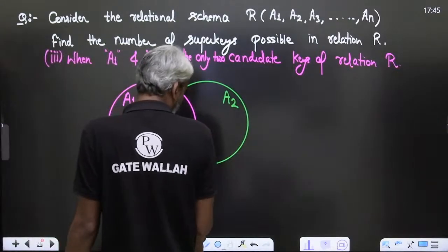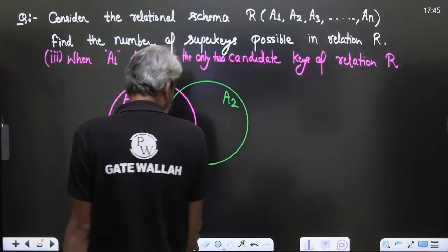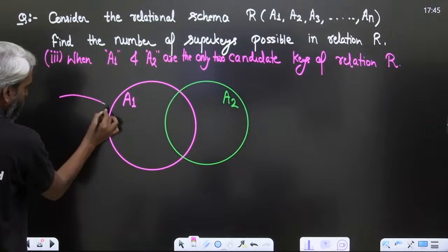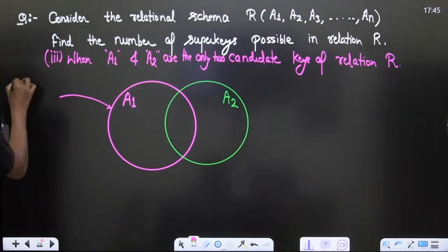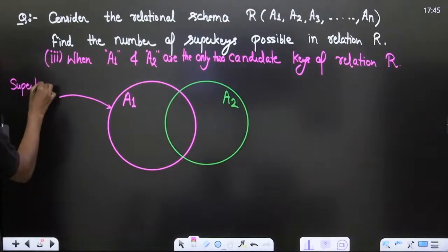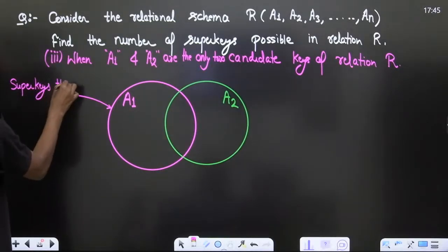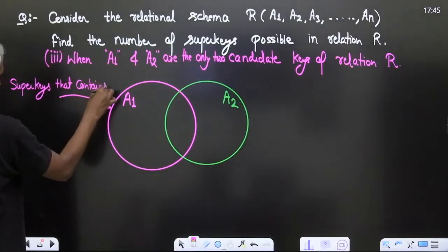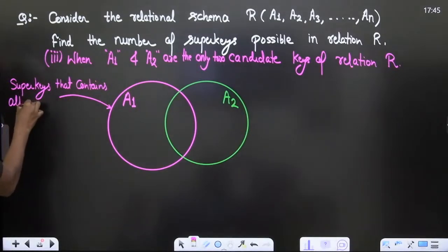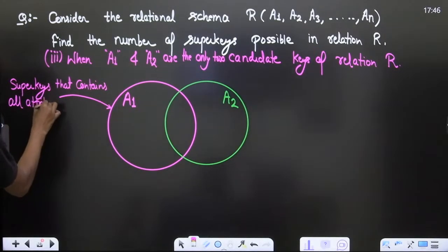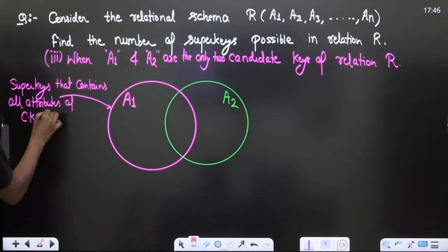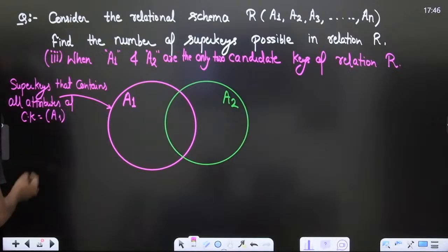So this set represents the super keys that contain all attributes of candidate key A1.